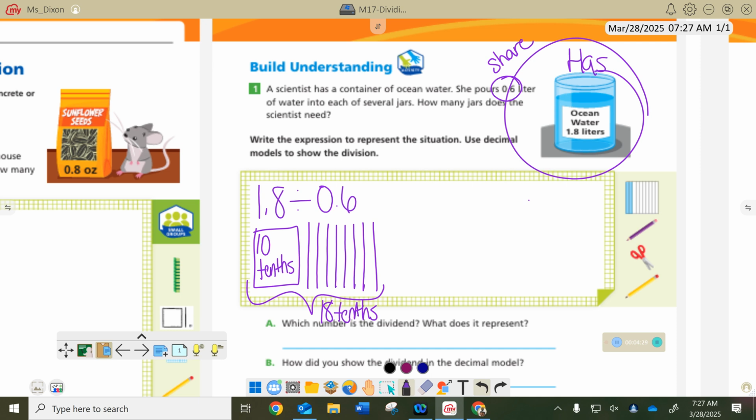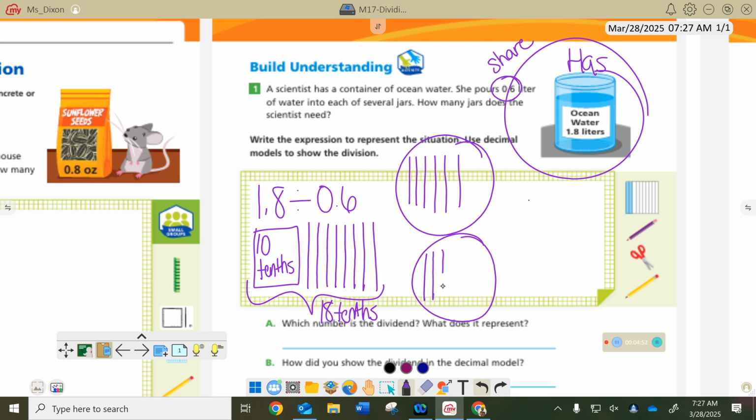Alright, so let's start. Here's our first group, and we're going to put 1, 2, 3, 4, 5, 6. We have now used 6 of our 18/10, and we have one group. We have some more tenths that we can use, so let's make another group. And we're going to do 1, 2, 3, 4, 5, 6.